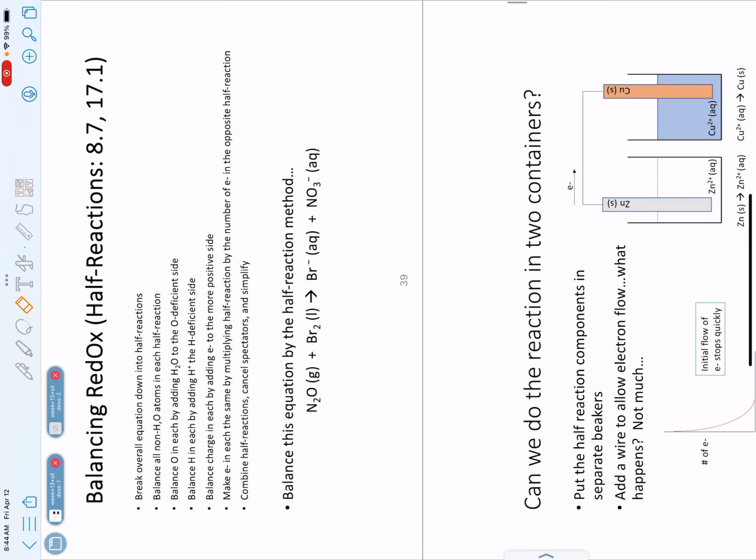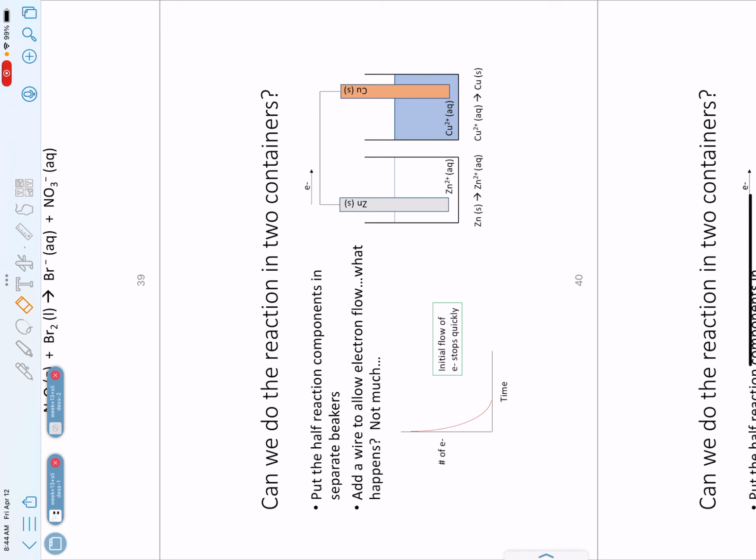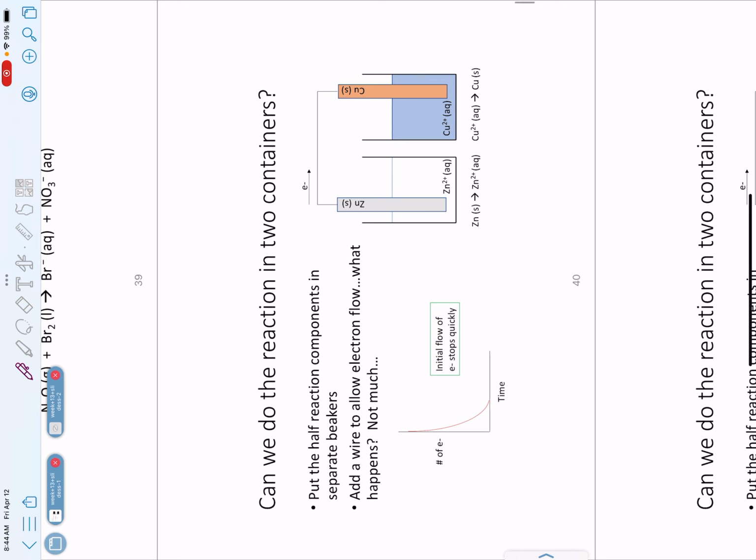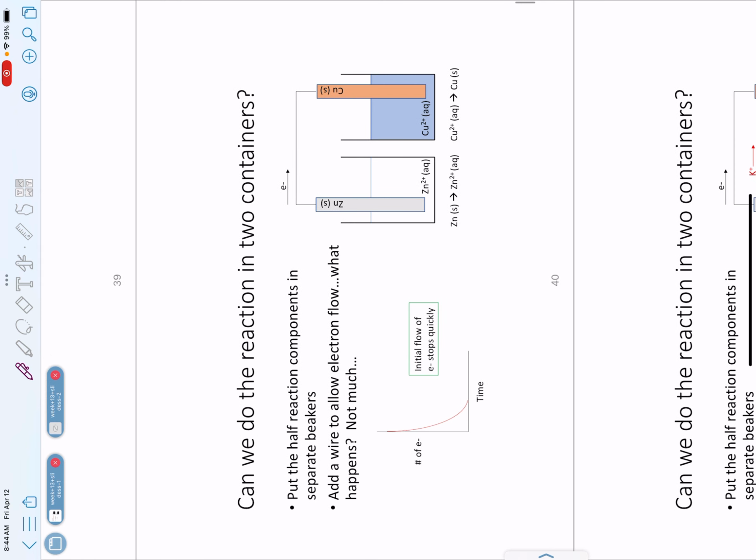It's kind of like this, but a little different. But I have two half reactions where I have a zinc going to zinc 2 plus and 2 electrons. That's providing my electrons, powering my copper reduction, copper becoming copper solid by adding 2 electrons. So here is my oxidation, and here is my reduction.